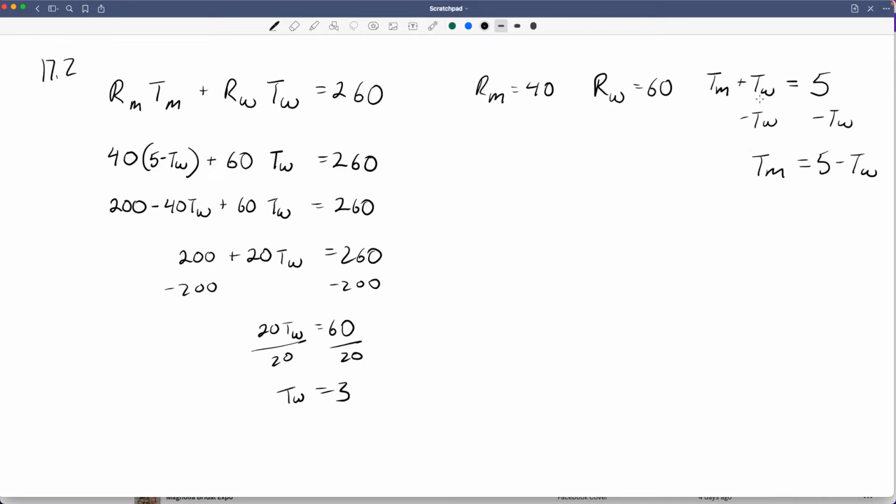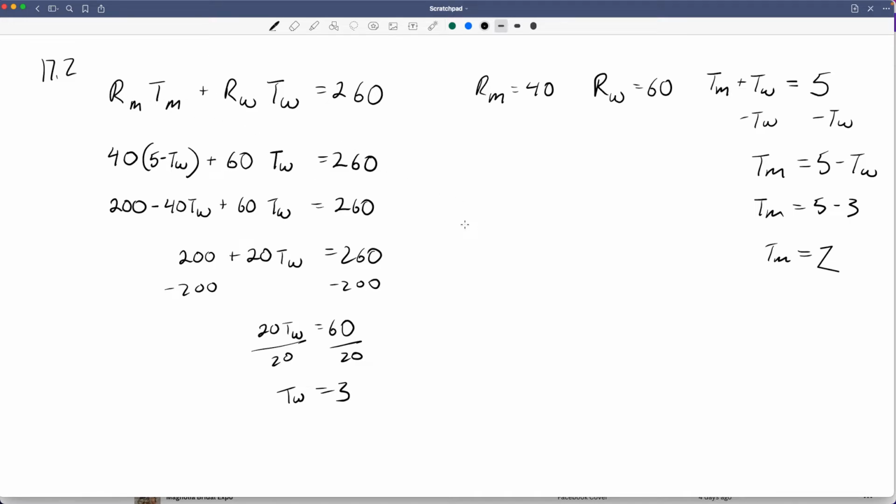Now I can find the value of TM, because TM is 5 minus 3, that's going to be equal to 2. So now I have all of the values necessary. But I do want to double check and make sure that this works out.